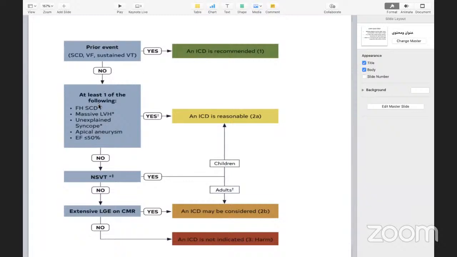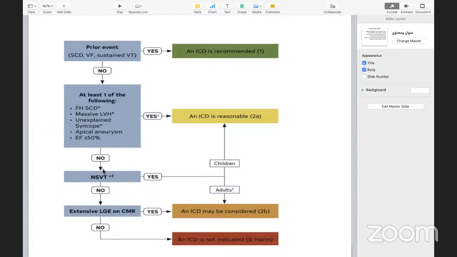If no, then at least one of the following: a family history of sudden cardiac death, massive LVH, unexplained syncope, apical aneurysm, ejection fraction less than 50%. If yes, then ICD is reasonable.